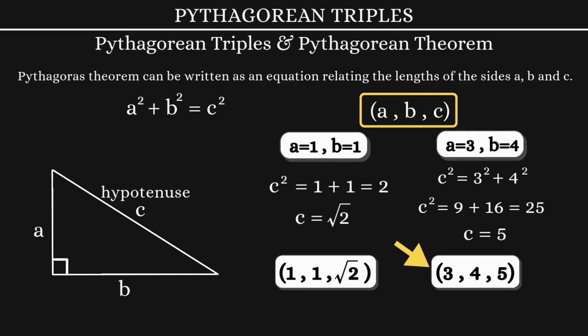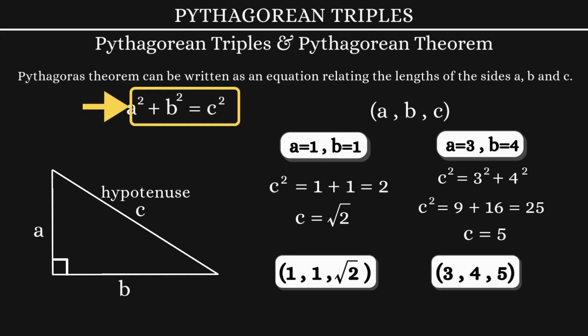Now, we can say that if the three sides of the right triangle satisfy the Pythagorean theorem and they are all integers, then it becomes a Pythagorean triple.